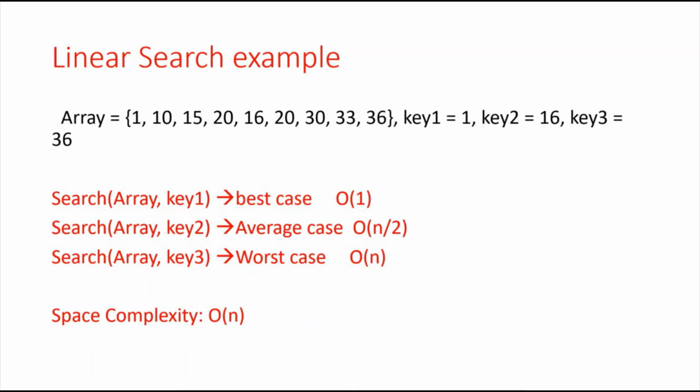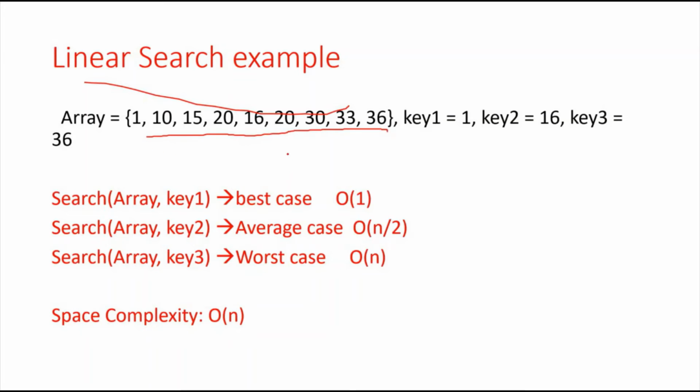here we have an example of linear search. We have these data sets: 1, 10, 15, 20, 16, 20, 30, 33, 36. This is sorted. All the elements are in increasing order. No, not in increasing order. Okay, this is an unsorted array.